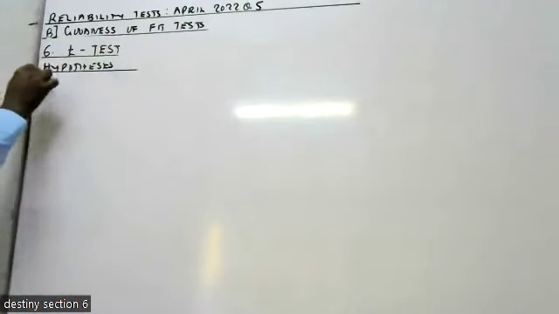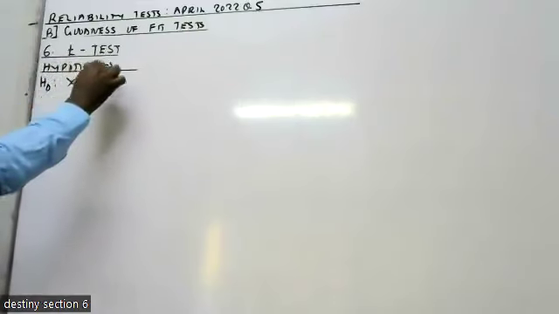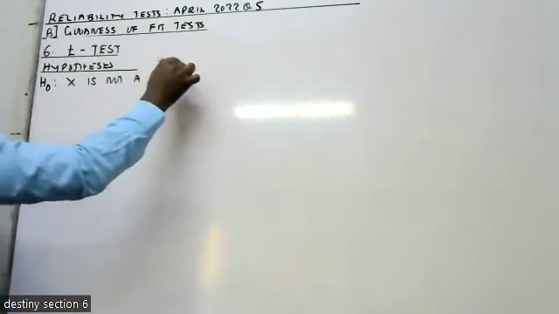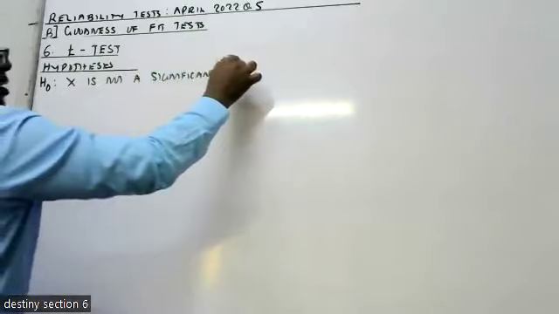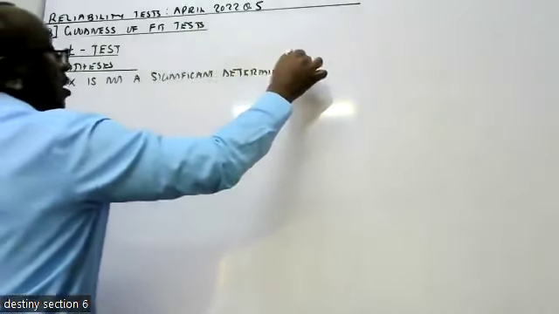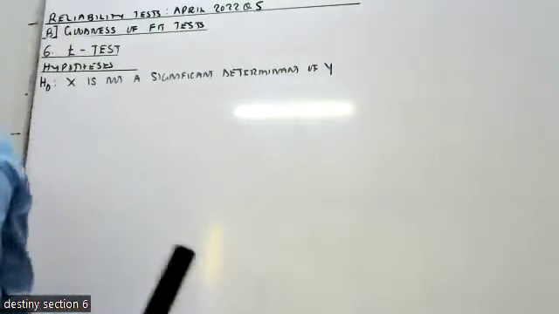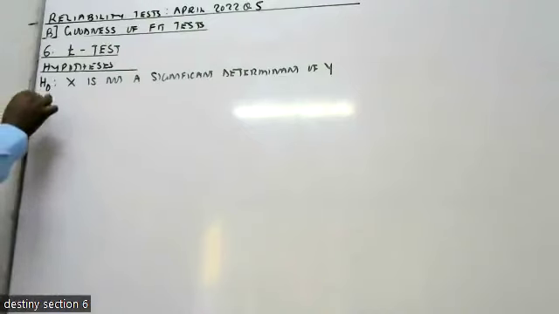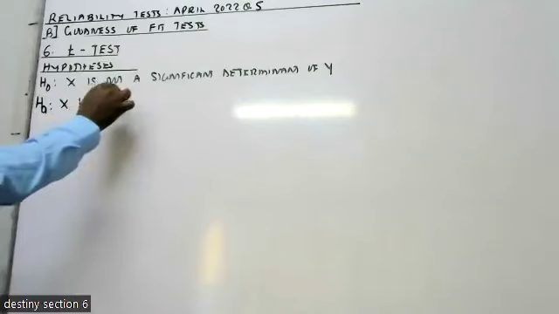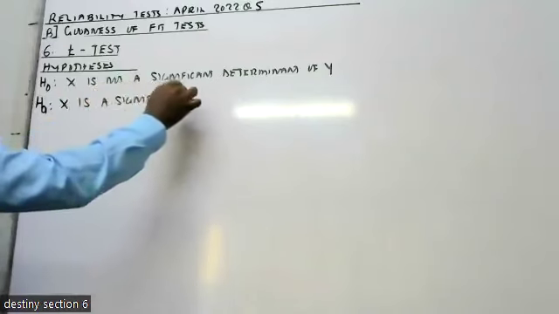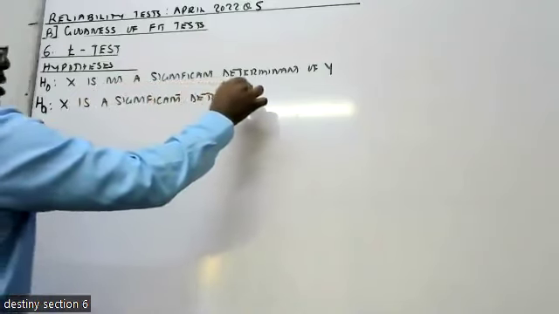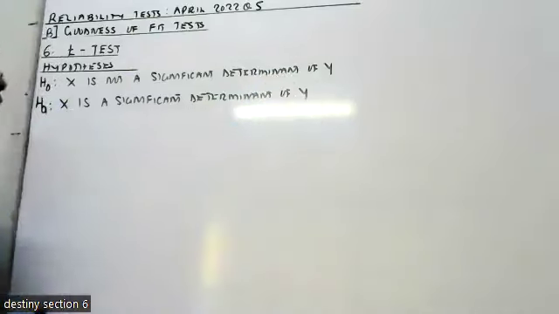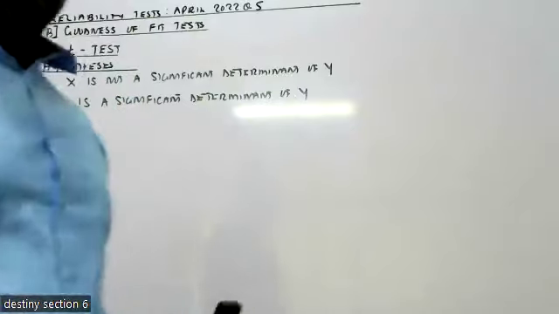The null hypothesis is stated that X is not a significant determinant of Y. And in the alternative, we say X is a significant determinant of Y.